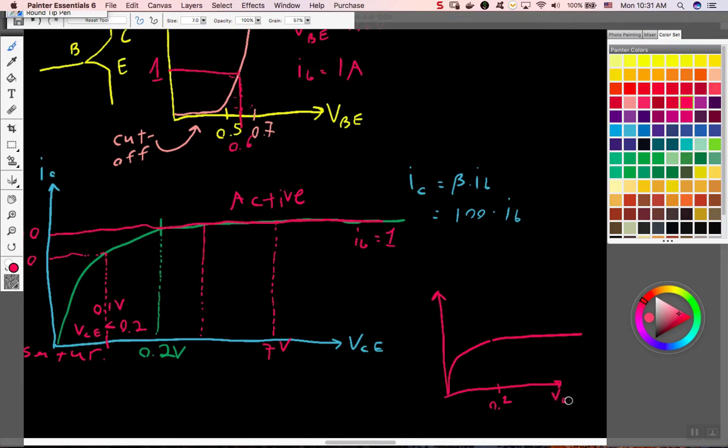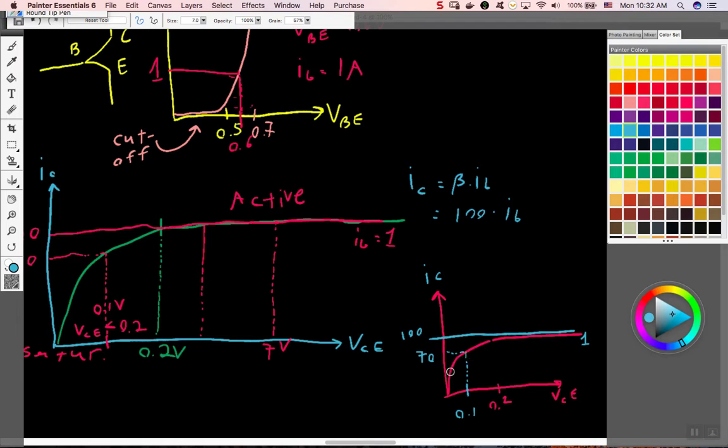So this is VCE. And hopefully it can be seen that when VCE is less than 0.2, for example, VCE could be 0.1, and if this value of IC is 100, and this value of IB is 1, we can see that below 0.2, the intersection of VCE and IC could be something like 70.